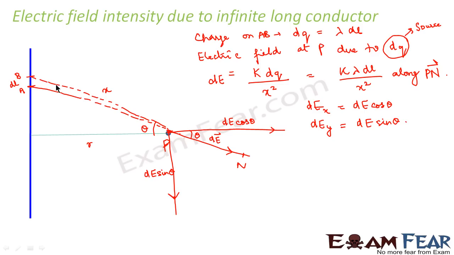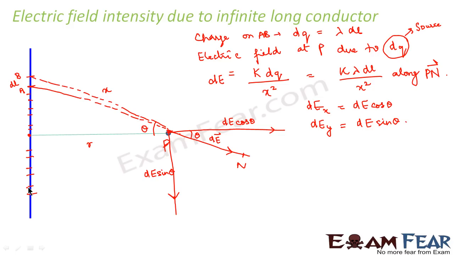Right now we are assuming only a small element dl of this conductor. Like this dl, there are several small elements on this conductor. If you look at the figure very carefully, you will have small elements here, here, here, and similarly along the negative axis as well. So any element along the negative y-axis will also have an electric field.